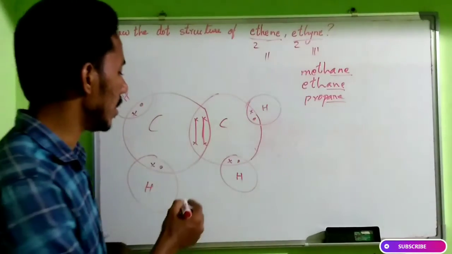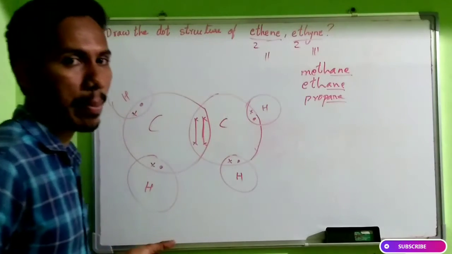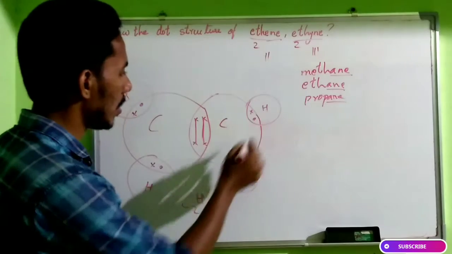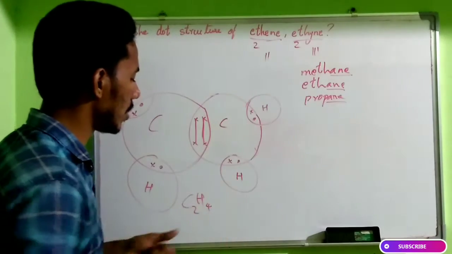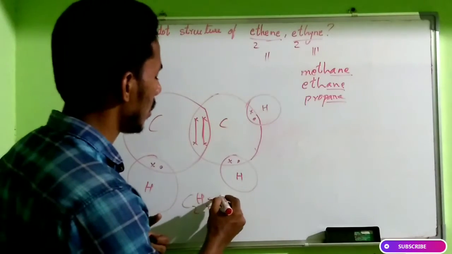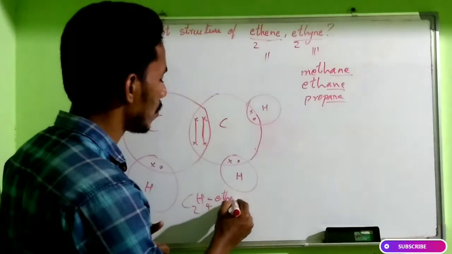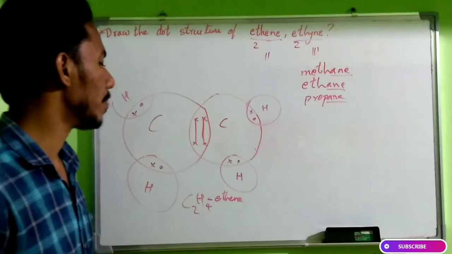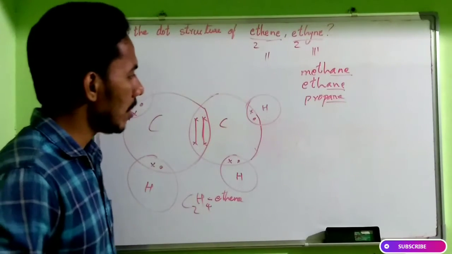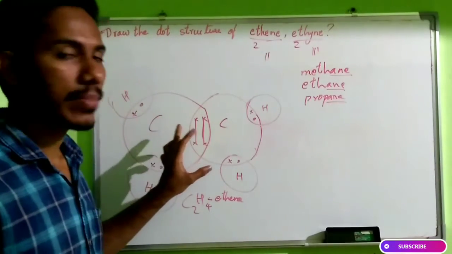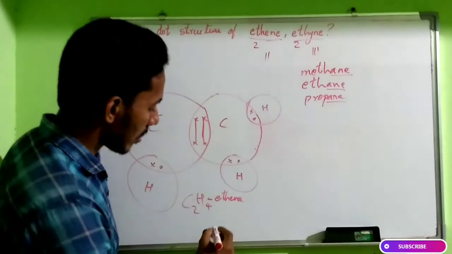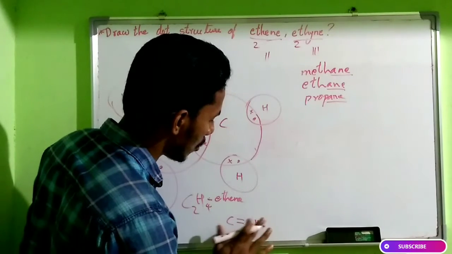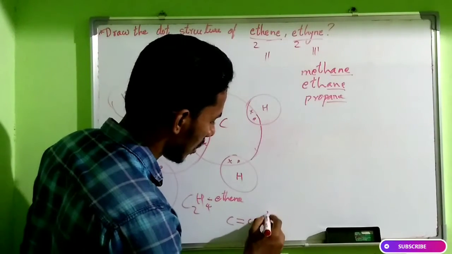This is ethene. What is the chemical formula? How many carbon atoms? 1, 2. C2, 1, 2, 3, 4, H4. C2H4 is the chemical formula of ethene. Okay, ethene. Then you can also draw the structure like this: C double bond C, H2 and H2.